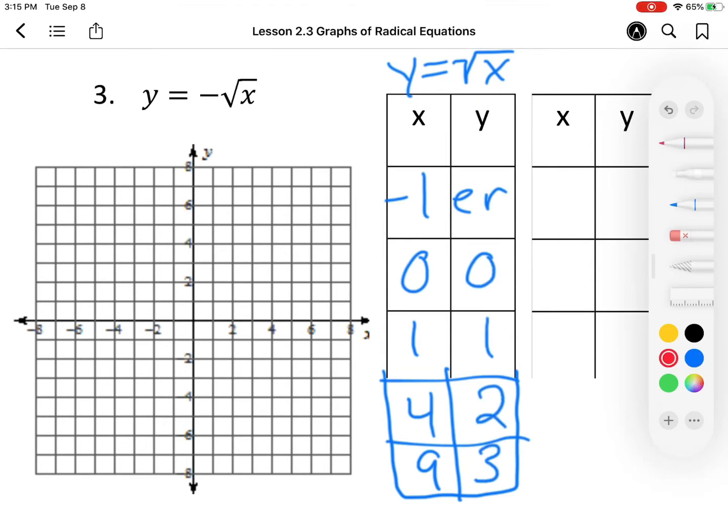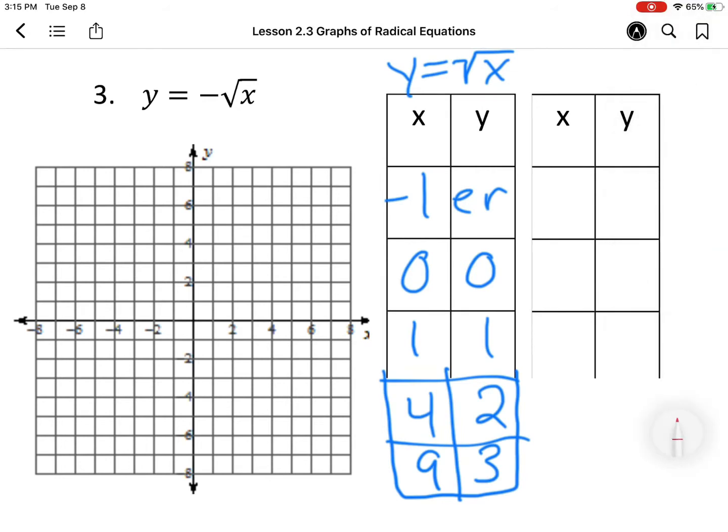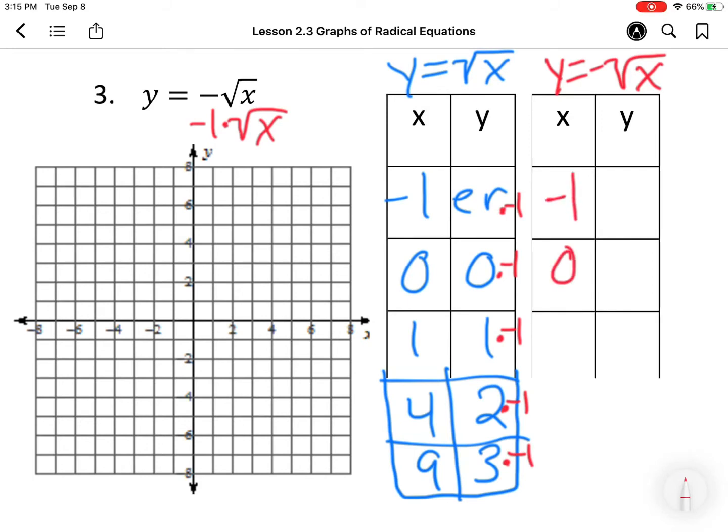Also, hopefully it's easy to remember that 0, 1, 2, 3 part for the y's. New equation, y equals negative square root x. Negative out front, affecting the y's, and multiplying. So we're going to come here and multiply by -1 for each. So nothing on the inside, so we still have the original x values.